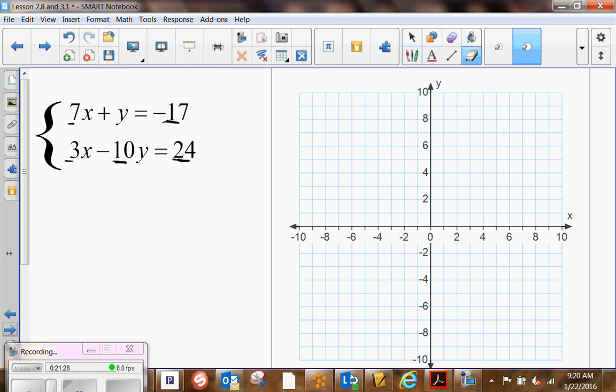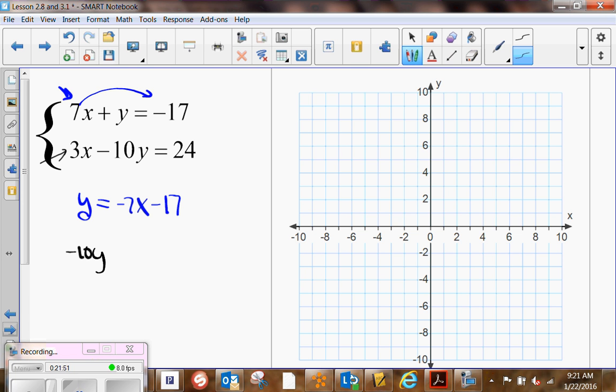We could solve and then graph fractions, or how about we just turn them into y equals mx plus b. Let's turn this first equation into y equals negative 7x minus 17. The next equation, I would have negative 10y equals, take the negative 3x over, and divide by negative 10.